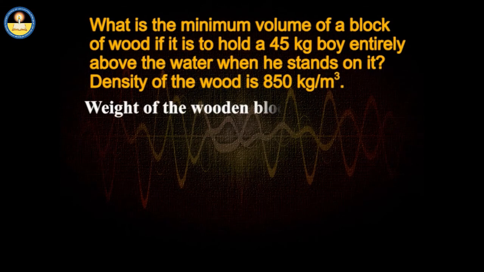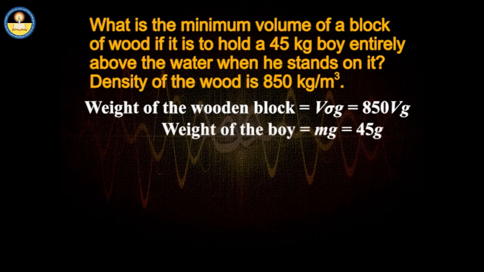The weight of the wooden block is equal to the product of its volume, density and acceleration due to gravity. The weight of the boy is 45 g and the upthrust, that is the weight of the displaced water, is equal to the product of the volume of the wooden block, density of water and acceleration due to gravity.